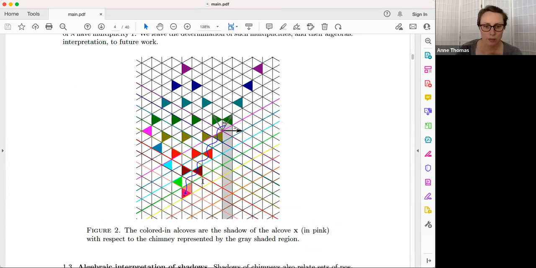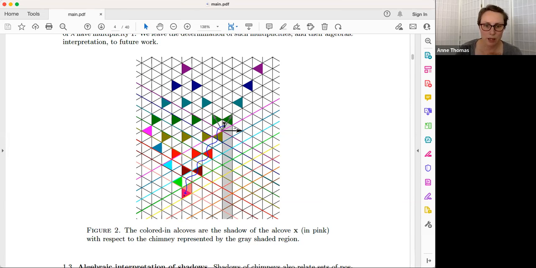Okay, so we're starting with, here's our X, and this is the chimney that we're going to retract from. More formally, this is a sector representing the chimney, and the chimney is this boundary point off here. Okay, so starting here, the Y's are going to step along this sector. And what's been colored is the wall that gets crossed at each stage.